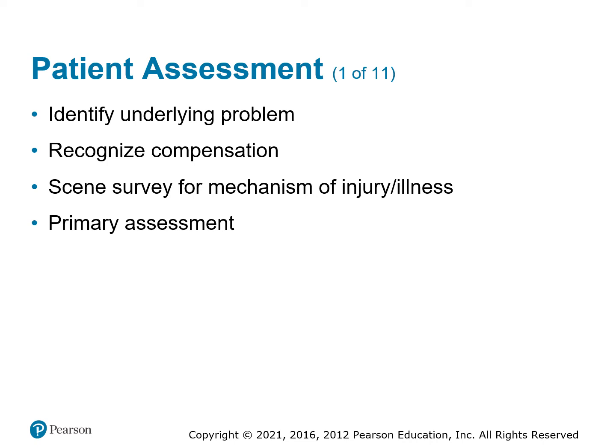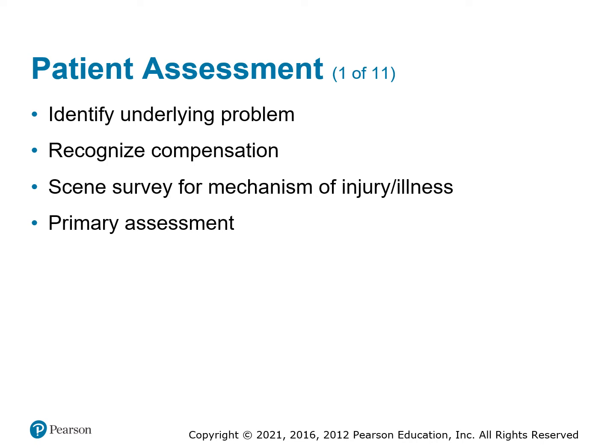If it's something that you cannot correct, but maybe utilizing an ALS rig can correct, then make sure to get ALS coming. Otherwise, rapid transport, get them to an appropriate destination so that hopefully that problem can be taken care of. You need to recognize those stages of compensation that we talked about. Is this early on, or is this a little bit later on, to determine what your course of action is going to be?